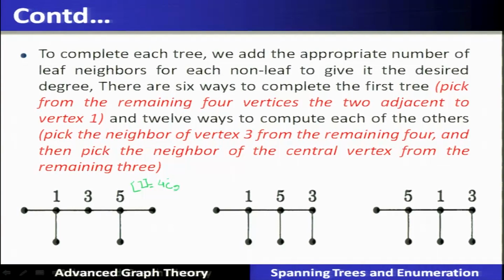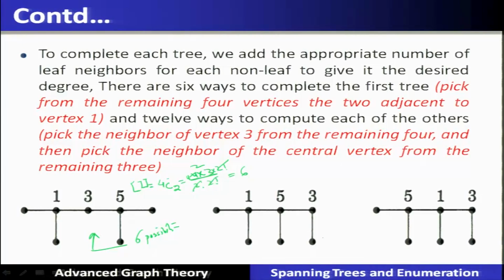So, 4C2 becomes 6 different possibilities for this particular tree.